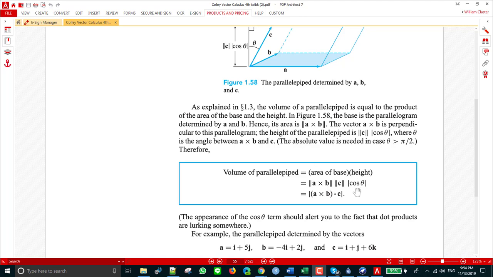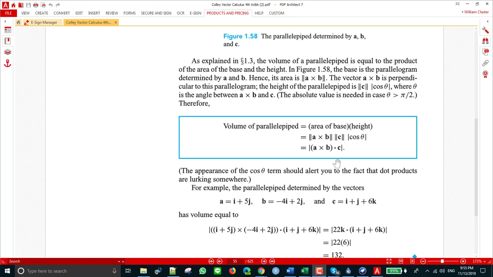So it's the length of this, the length of this, and cosine of theta. And then why do we have the absolute value? Because here we have absolute value, so here we can put absolute value as well. And they even say that since we have this cosine in here, that can alert you that maybe you should try to express this as a dot product.